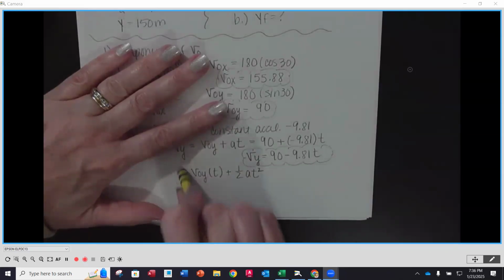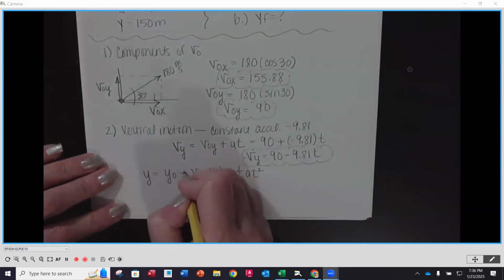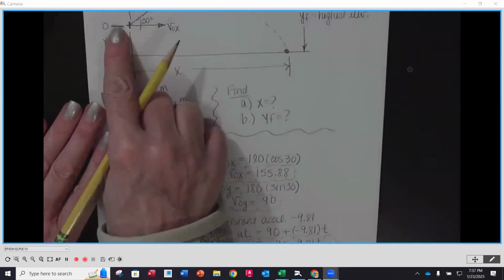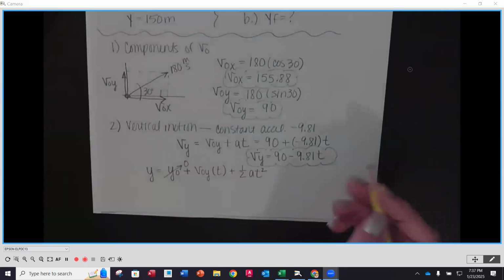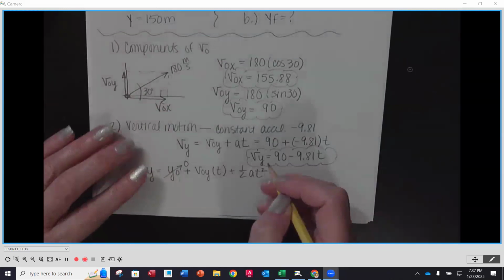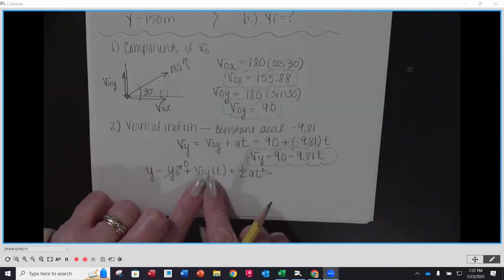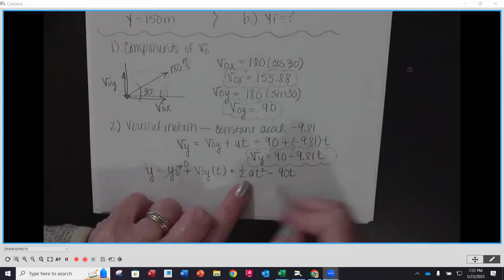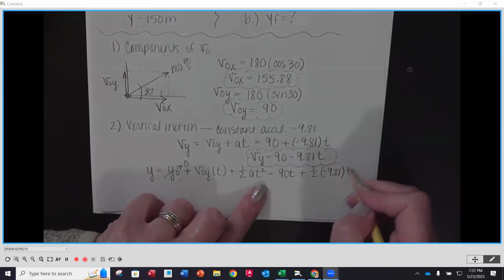So I'm going to go like this to expand that out. So Y is equal to YO plus, this is 0 because our origin is right here at the start of the projectile. Okay. So if I insert my values here, I'm going to get my 90 times t, and then this is going to be plus 1/2 times negative 9.81 times t squared.